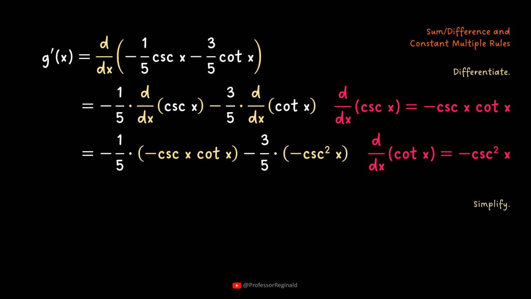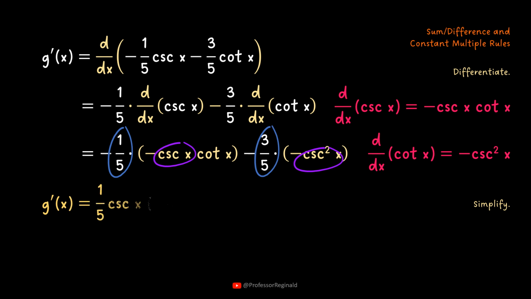Simplify the derivative by factoring out common factors. Consequently, g prime of x equals 1/5 of cosecant of x times the sum of the cotangent of x and 3 times the cosecant of x.